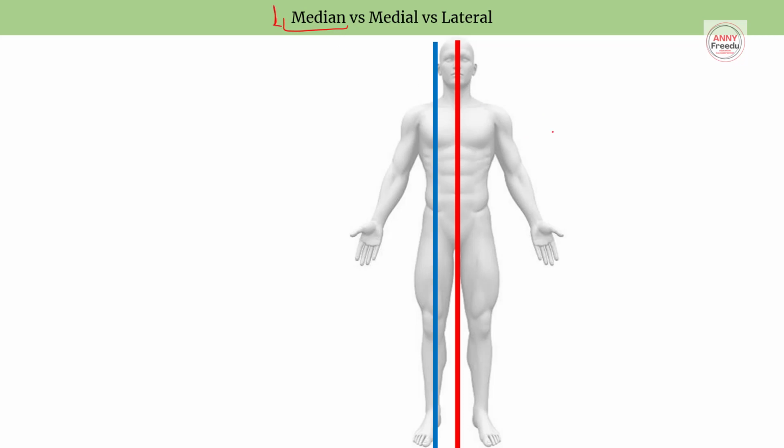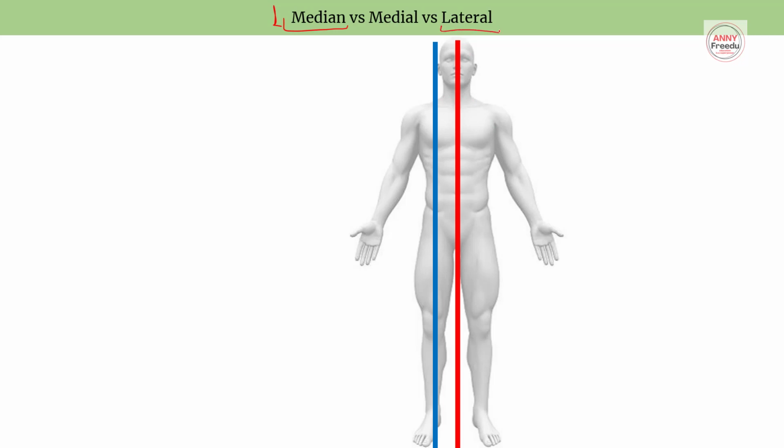Now, this is another vertical or sagittal plane that is a little bit off the center. So when we compare the red line with the blue line, we are going to say that the red line is more medial, closer to the center, which actually is the median, and the blue line is more lateral.